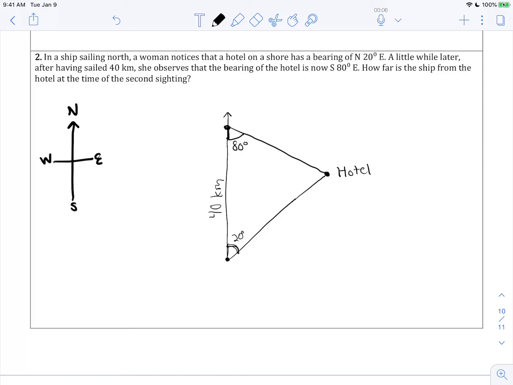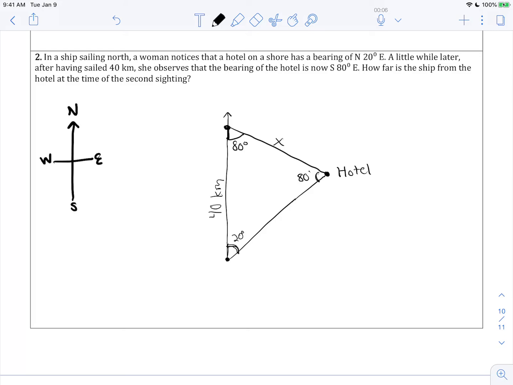So this is 80 degrees. How far is the ship from the hotel at the time of the second sighting? What we're trying to figure out is this length right here. Well, if we know these two angles, we can calculate this angle really easily. 180 minus 80 minus 20 leaves us with 80 degrees for this angle, right?